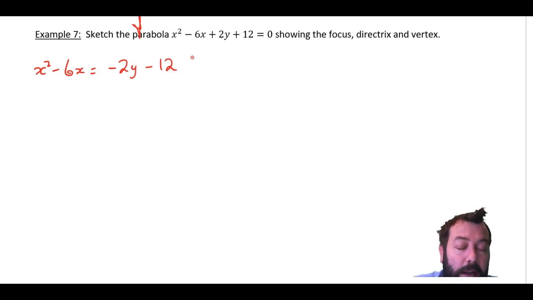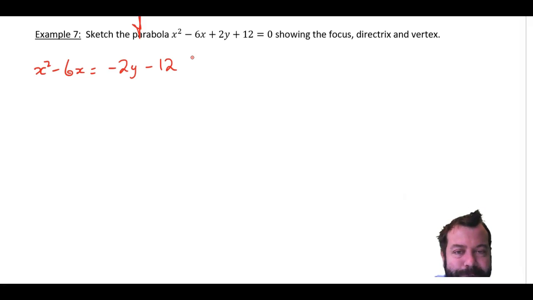That makes it a little clearer to see that we have an x squared term. So that means my directrix is horizontal, and I have a negative involved there, so it is concave down. I've got x squared equals some negative y term, so it's going to be concave down.